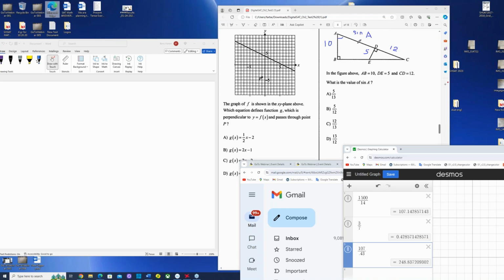Okay, good. Sine of A, you can do it 2 different ways. First, step number 1. In this small right triangle, if this is 5, this is 12, this is 13. Pythagorean triples. Or you can use the Pythagorean theorem to find this one. This is c squared equals 5 squared plus 12 squared. Or straight away, this is 13.